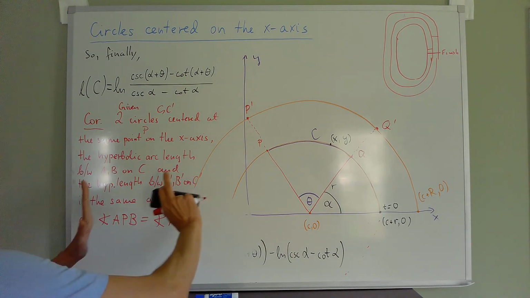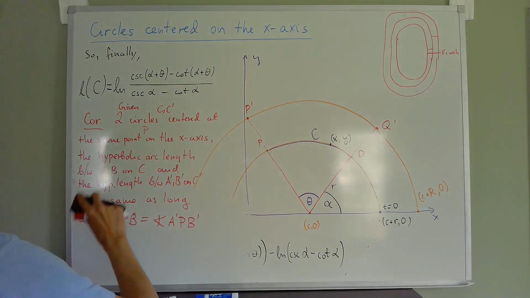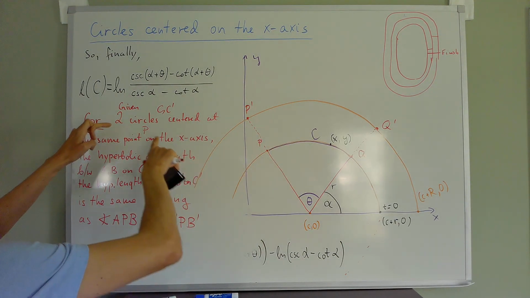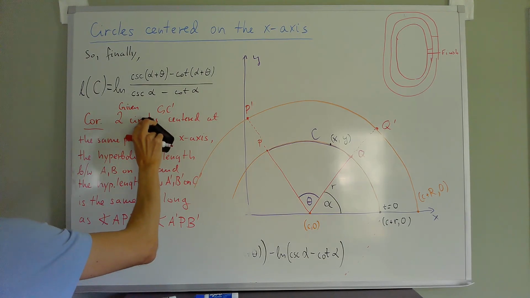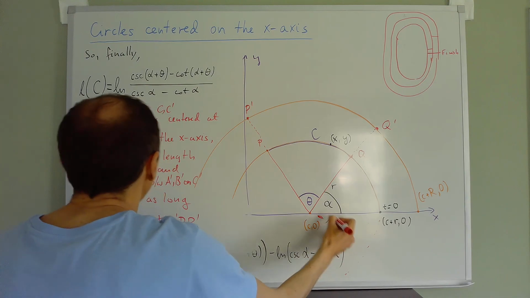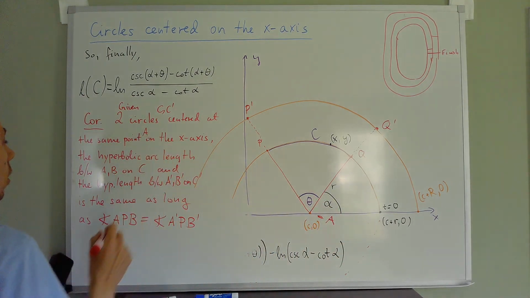You know what? Let me just make this notation the same as the one on the picture. So given two circles, C and C prime, these are the two orange circles, centered at the same point. Let's call this point maybe A on the x-axis.